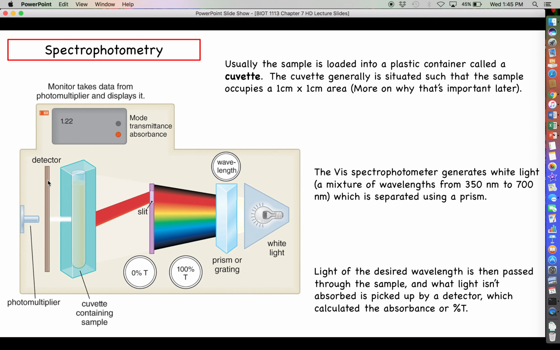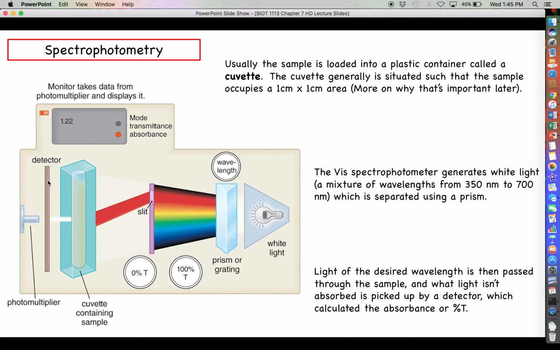So visible spectrophotometers use what is called a tungsten lamp to produce just your regular old white visible light. So really not unlike a lot of the light bulbs and fluorescent lights that you have in your home or in your buildings. However, if you have a sample, if you have a molecule of interest that absorbs light at a wavelength less than 350 nanometers, you cannot do anything with a visible spectrophotometer.